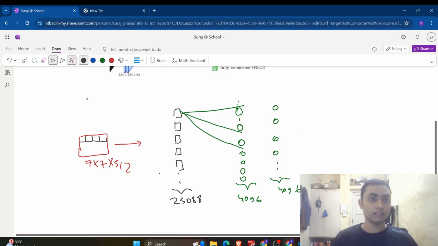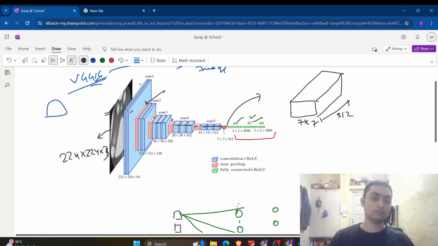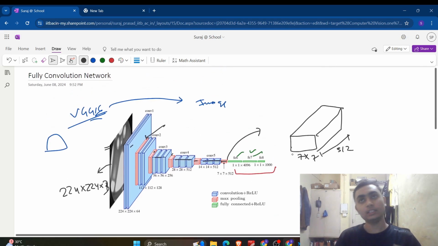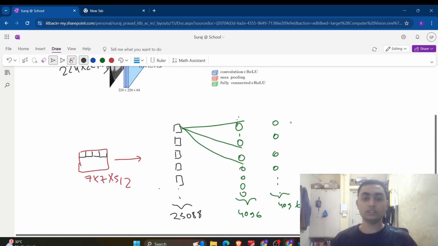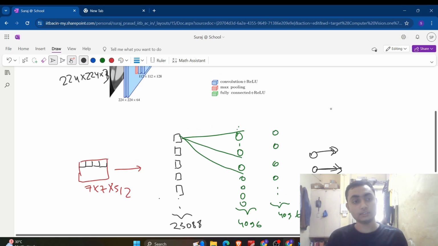After that, the paper in which VGG16 was trained used the ImageNet dataset, and ImageNet has 1000 classes. So in the output layer we have 1000 nodes, and each node tells the probability of this image belonging to class 1, the next node the probability of belonging to class 2, and so on.